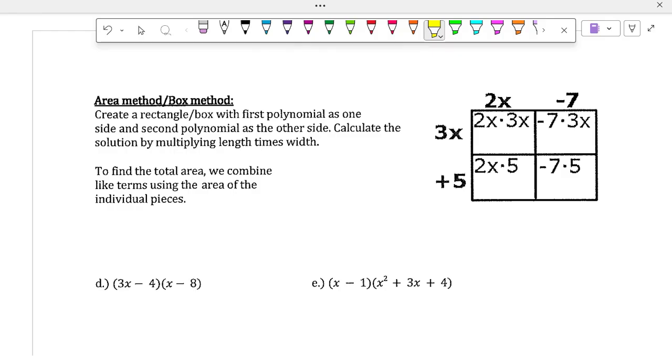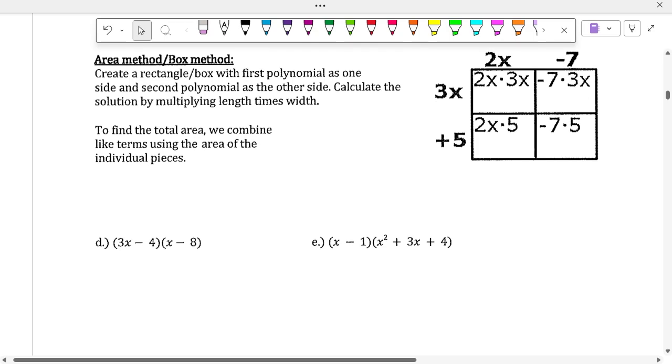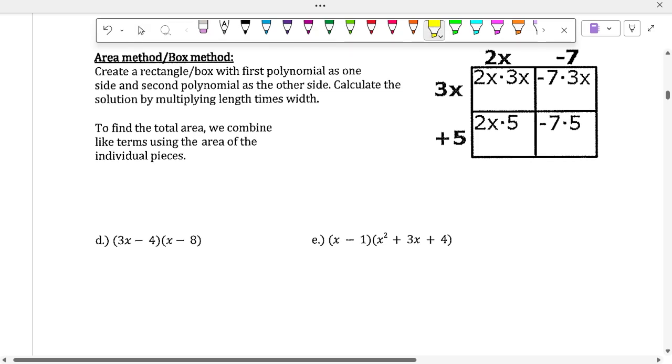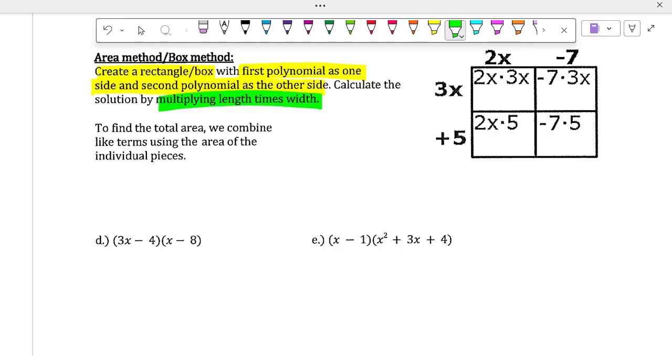It's not really FOIL anymore because there are some extra terms thrown in there. All right. So with the box method, all you do is create a rectangular box with the first polynomial as one side and the second polynomial as the other side, and you calculate it by multiplying the length times the width. So in other words, you can think about it as row times column.